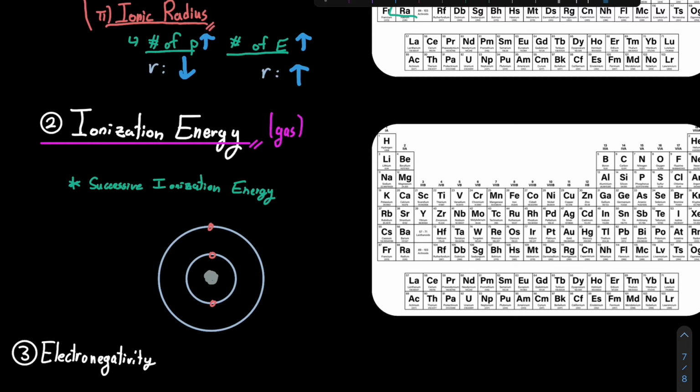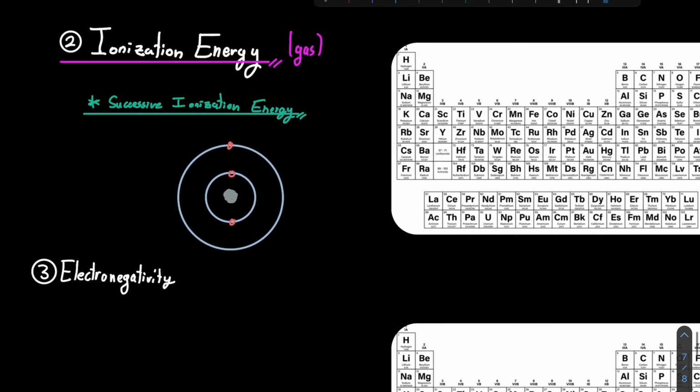And successive ionization energy is how much energy it requires for specific electrons to be removed. Also, successive ionization energy is often denoted as IE for more simplification.